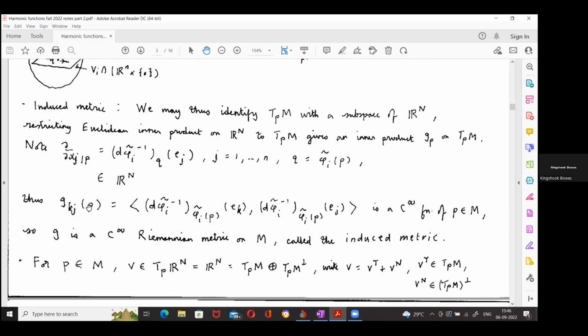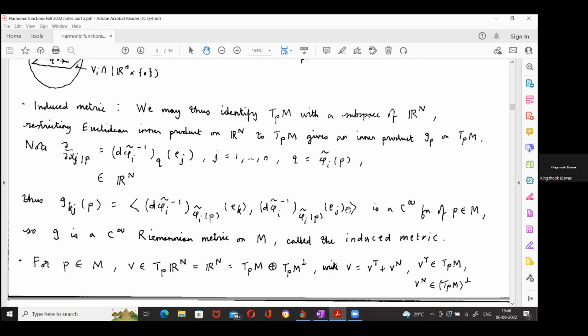GKJ at a point P is going to be the Euclidean inner product between d phi I tilde inverse at the point phi I tilde of P applied to EK and d phi I tilde inverse at the point phi I tilde of P applied to EJ.